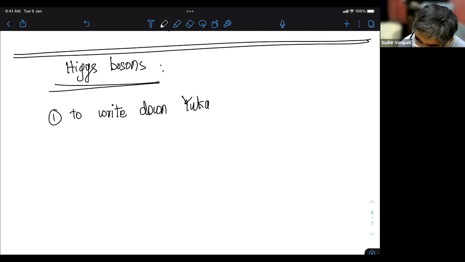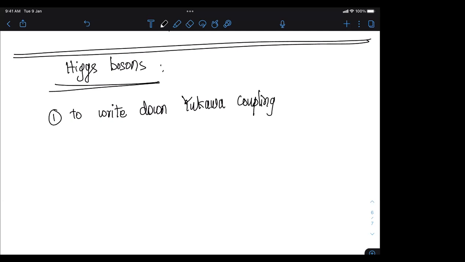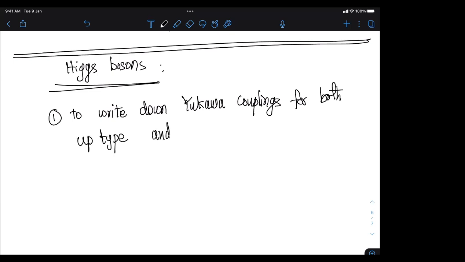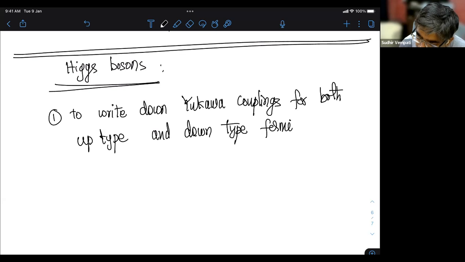One is to write down Yukawa couplings for both up-type and down-type fermions.